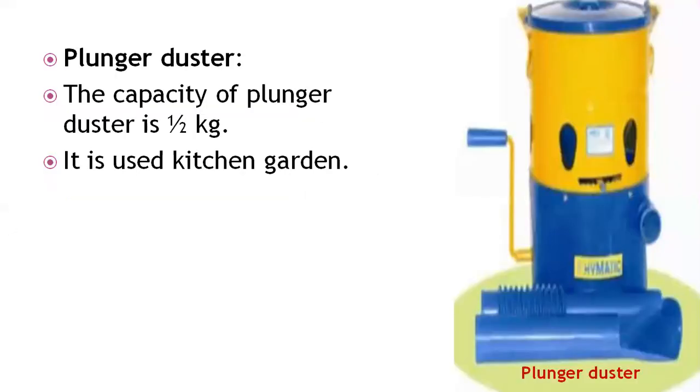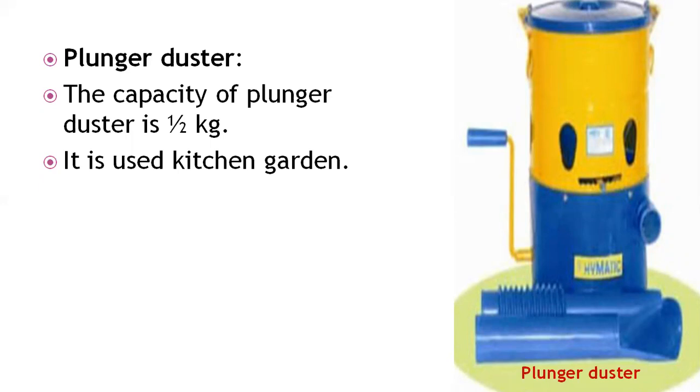Now the next one is the plunger duster. It is made up of a metal air pump with a dust chamber and discharge, assembled together. The air pump consists of a pump cylinder with a plunger rod.